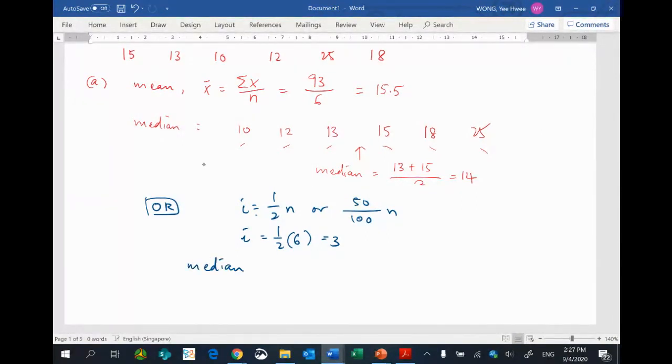According to the rule, this is 3, so you get the third number, add it with the next one, the fourth number, then you find the average. What is the third number? This is 1, 2, 3, 4, 5, 6. So the third number is 13. The fourth number is 15. And you divide by 2, which is exactly the same as that.